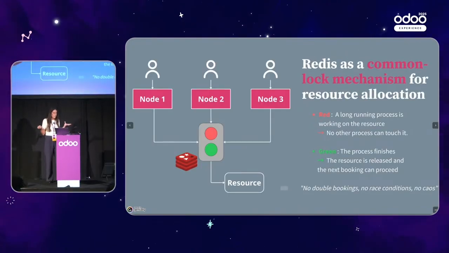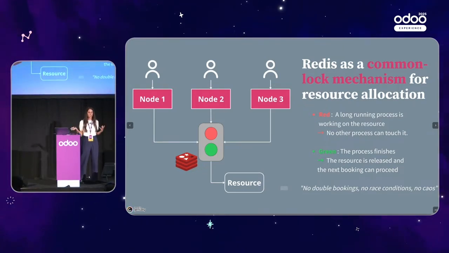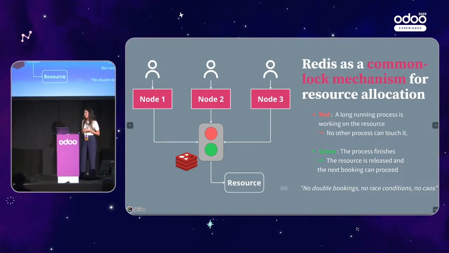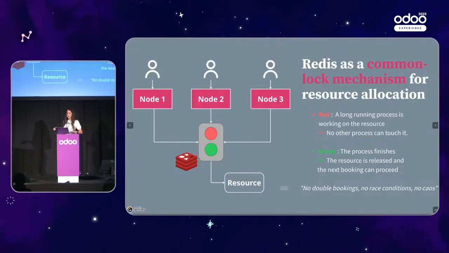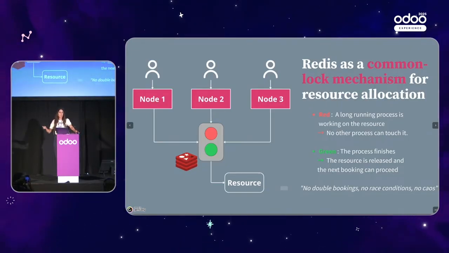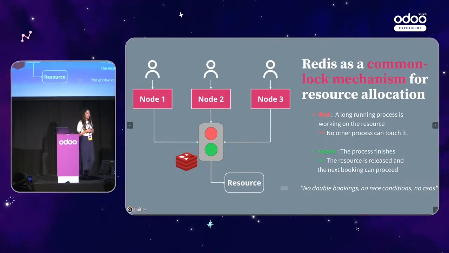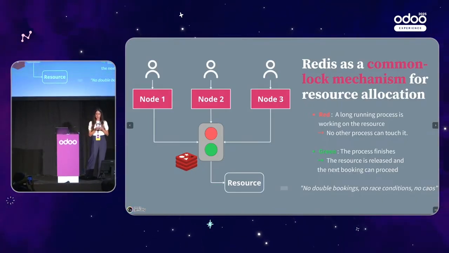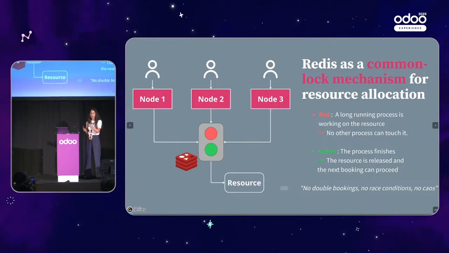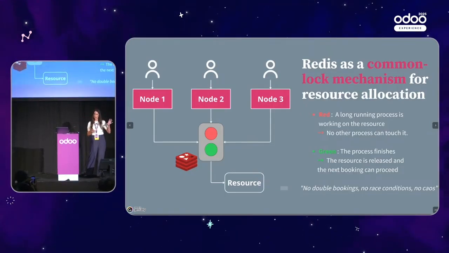But yes, we can cache HTML, and this is great, but Redis can solve other, more complex problems that we could have. We could use it, for example, as a traffic light. Imagine a distributed system with multiple nodes, all of them serving the same sets of clients. With Redis, we can implement a common lock mechanism. Whenever a request comes in, we block that resource, so the light goes red.